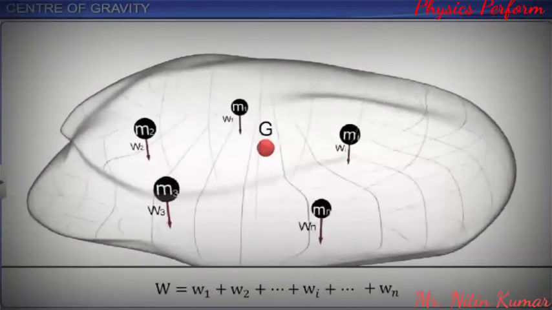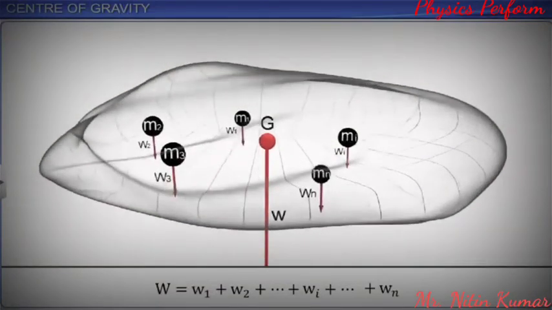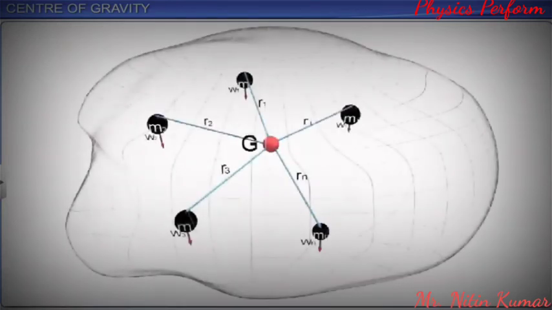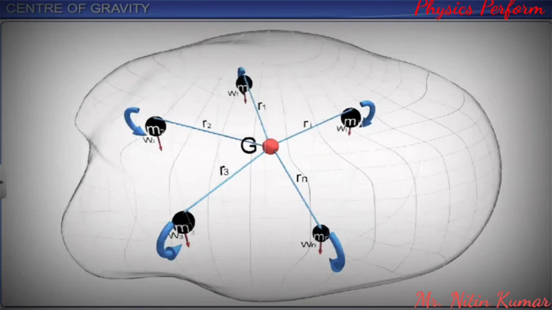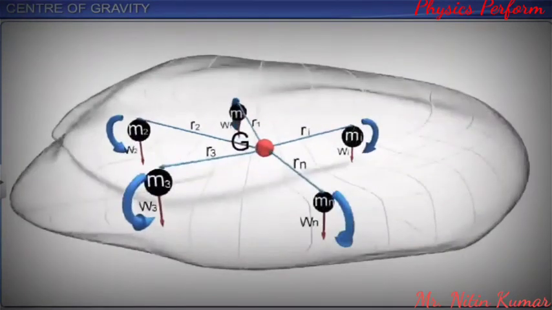When torque is calculated about the center of gravity, weights of some mass elements produce clockwise torque, and of others produce anti-clockwise torque, making the net turning effect 0. Hence, the weight of a rigid body can't produce any net torque about its center of gravity.